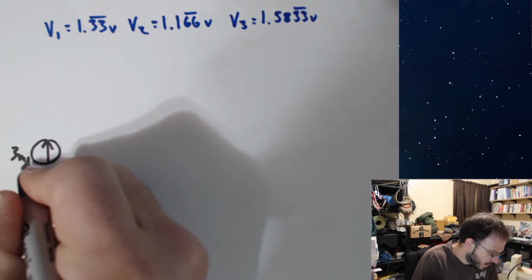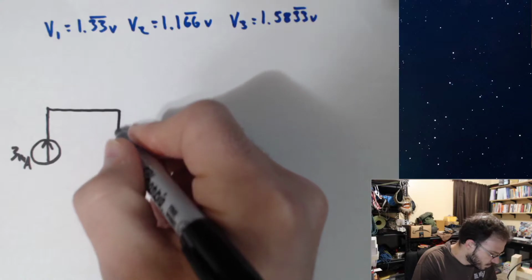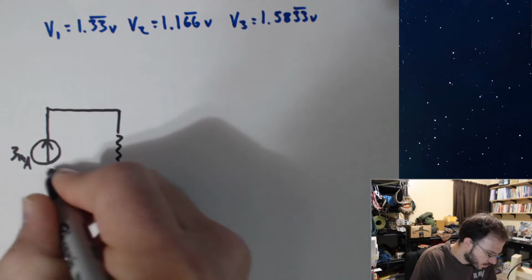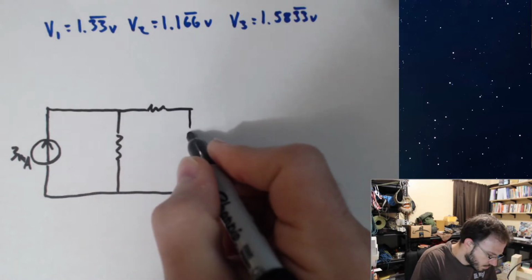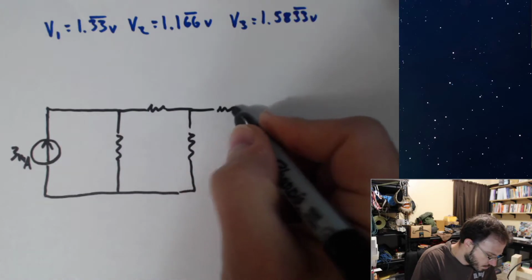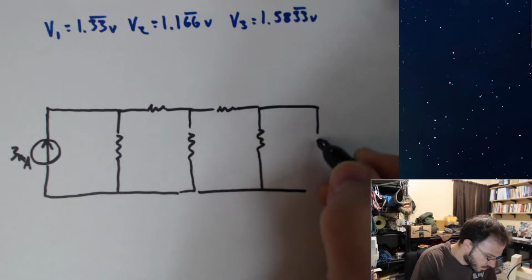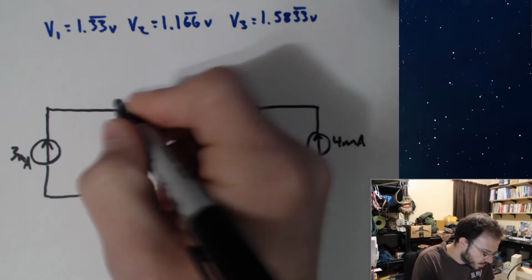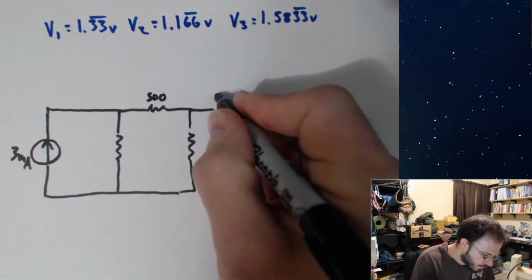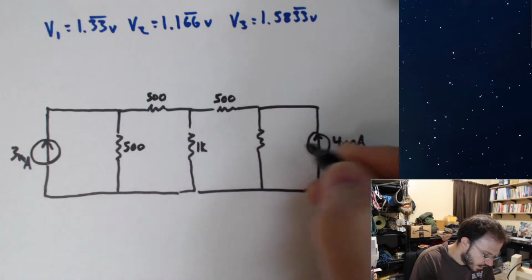Okay, I had a 3 milliamp constant current source. Four milliamps. These two up here were 500s. 500 ohms, 1K, 500, and 500.